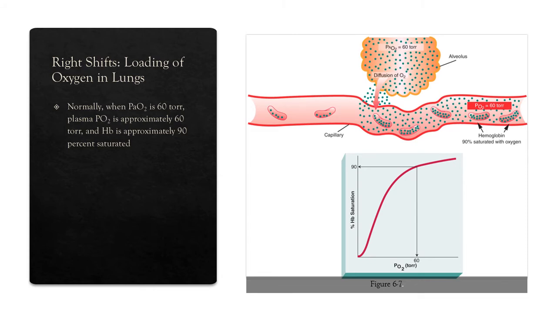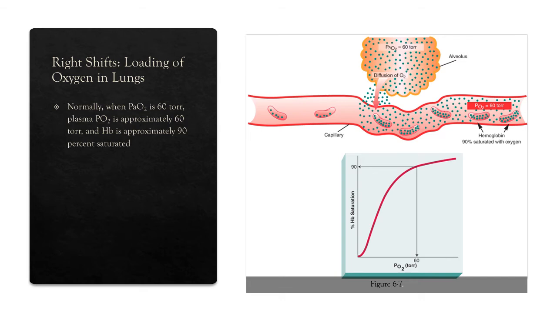Normally, when PaO2 is 60 torr, plasma O2 is about 60 torr, and hemoglobin is approximately 90% saturated, pictured here.